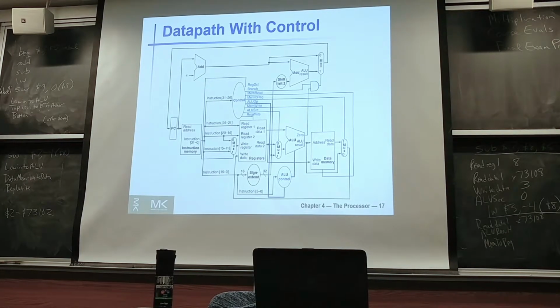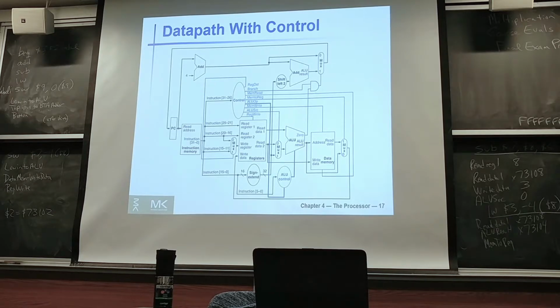You don't get to put -4. I want you to show what that would be. And so in that case, you would have shown the 2's complement representation of that bottom input into the ALU. But you don't have to show that here. You just need to show the ALU result. So 73108 minus 4 is 73104.